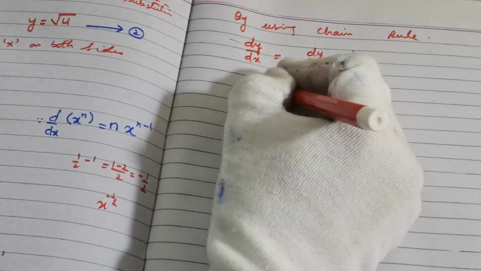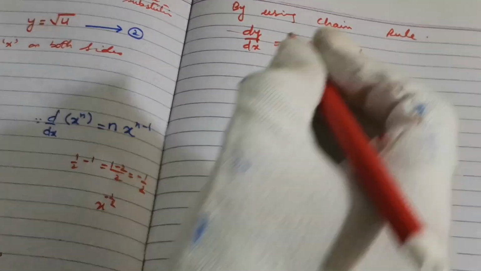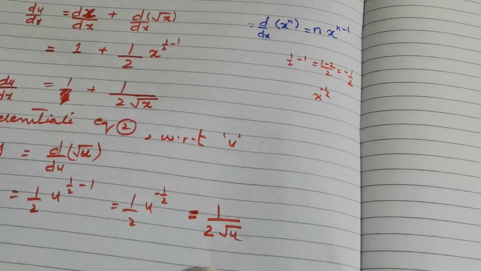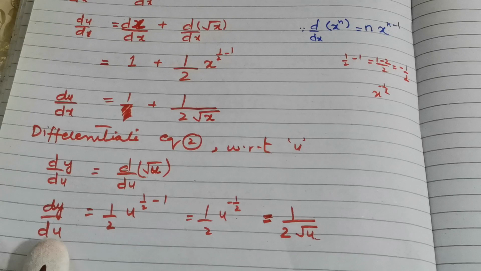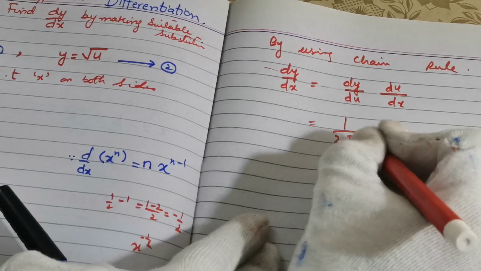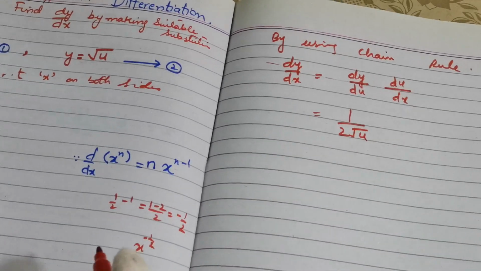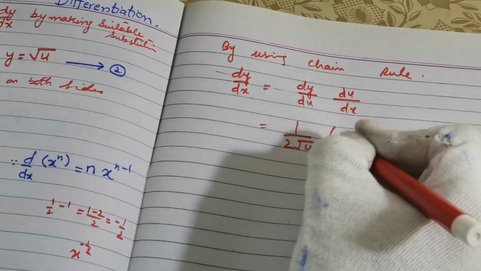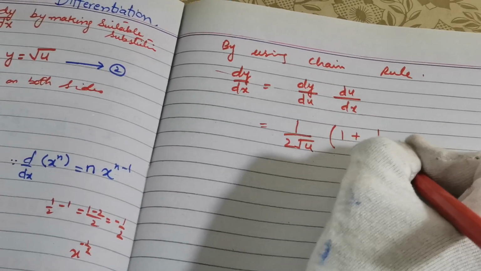So by putting values, dy by du is equal to 1 by 2 under root u, and value of du by dx is 1 plus 1 by 2 under root x.